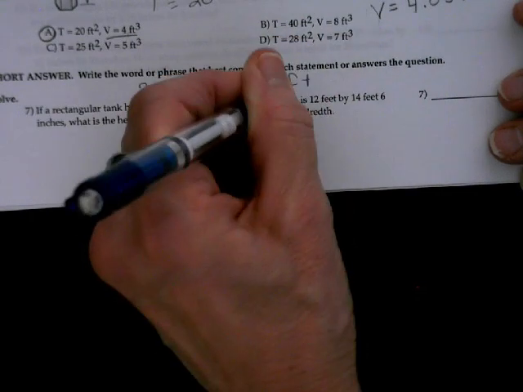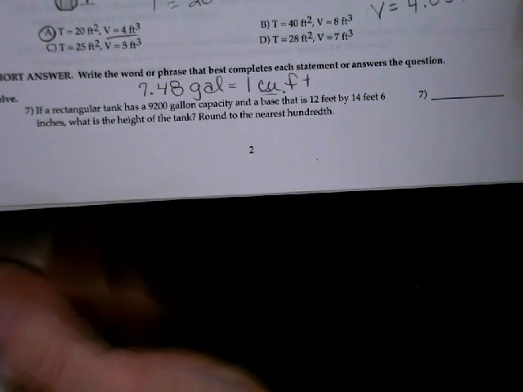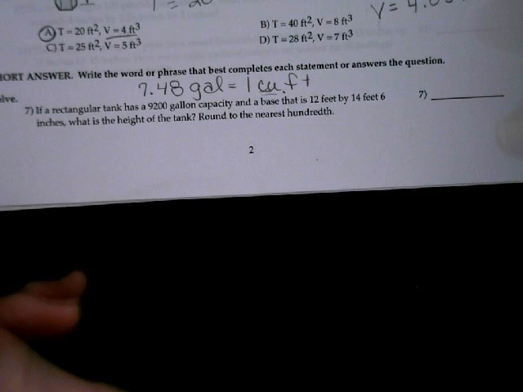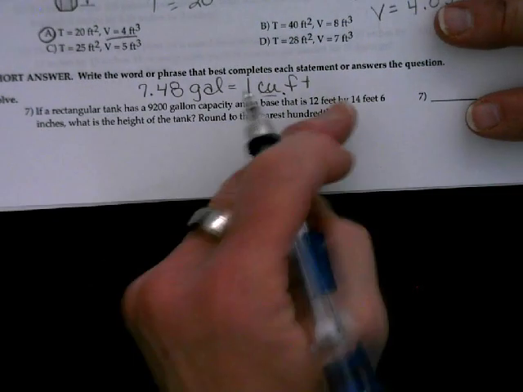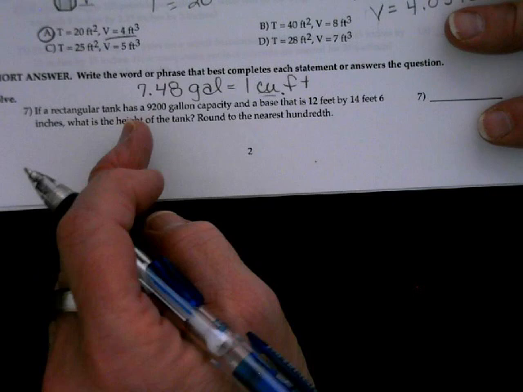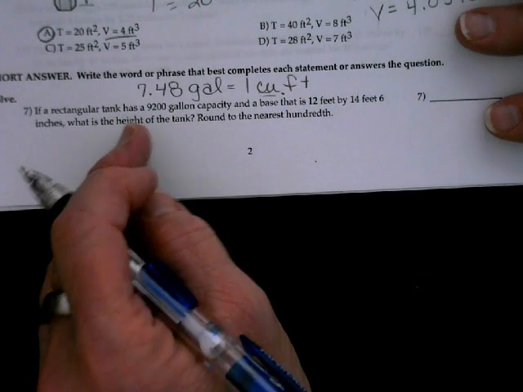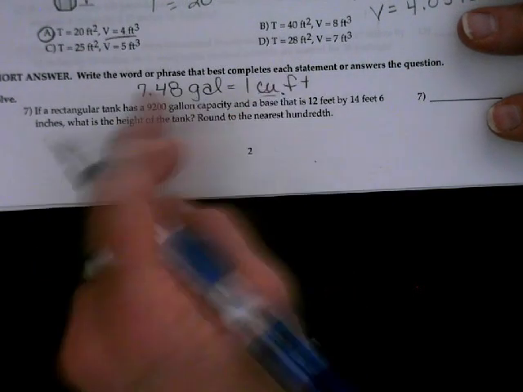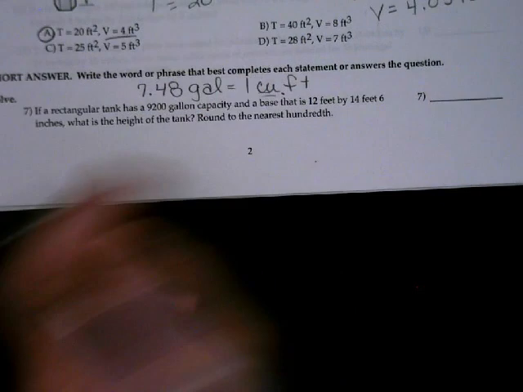So since we're talking gallons here, just going to write that. 7 4/800 gallons equals 1 cubic foot. And since it's cubic, that implies the volume of a tank.